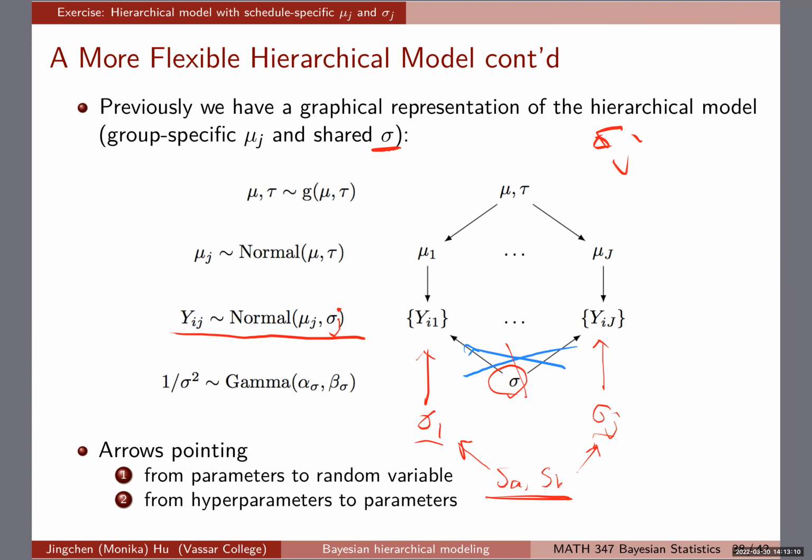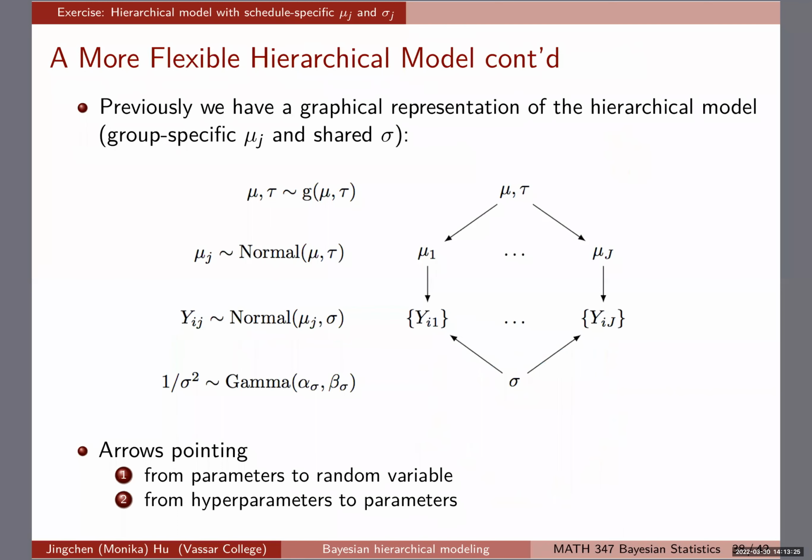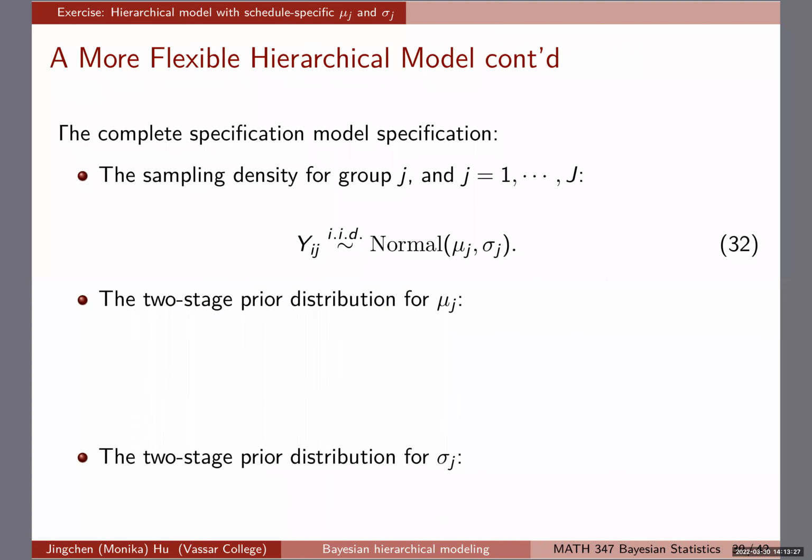But of course, if we do believe that we should have a hierarchical prior for the sigmas as well, then this is the way you can update the graphical representation, which reflects what we had written out earlier about the model itself. Once you do that, we will have the two-stage prior for mu j and the two-stage prior for sigma j that we have talked about before.